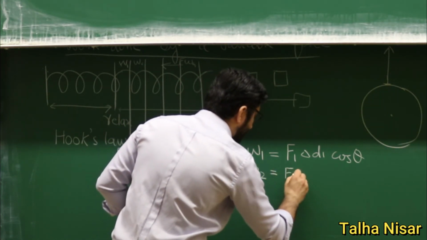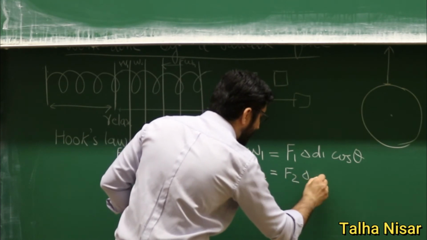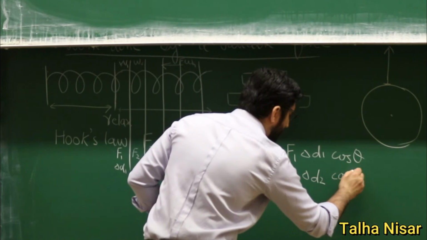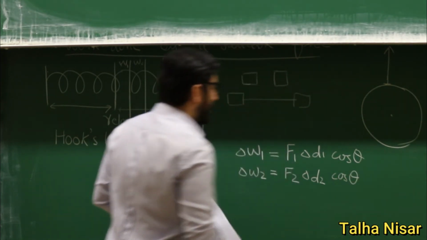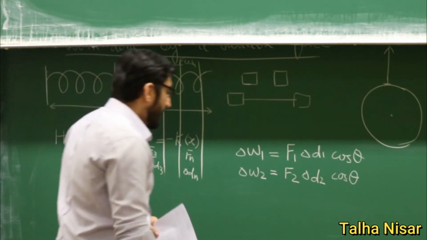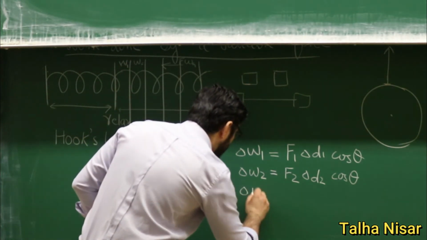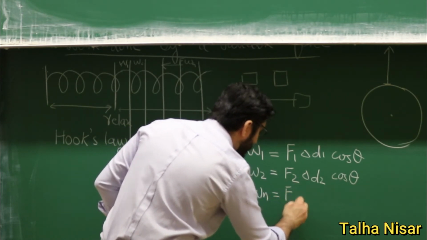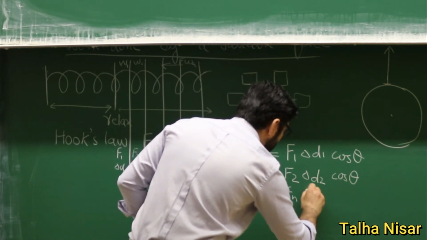So we will have F2 delta d2 cos of theta. So we have work done 1, work done 2, and similarly work done n. All of them we calculate individually.